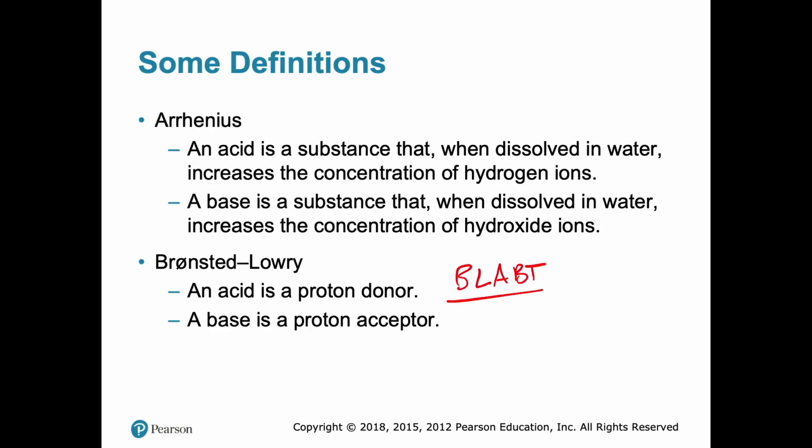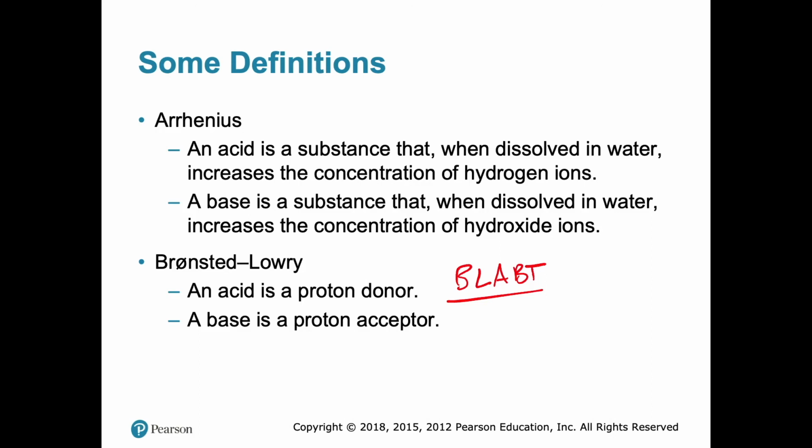For BLABT, an acid is a proton donor, and a base is a proton acceptor. So now, when we're talking about acid-base theory, all we need to worry about is whether a proton is being donated or accepted. It still addresses the same thing Arrhenius acids and bases do, because there are no hydroxide ions even mentioned in Bronsted-Lowry theory, but hydroxide ions have a negative charge, so they can accept a proton.